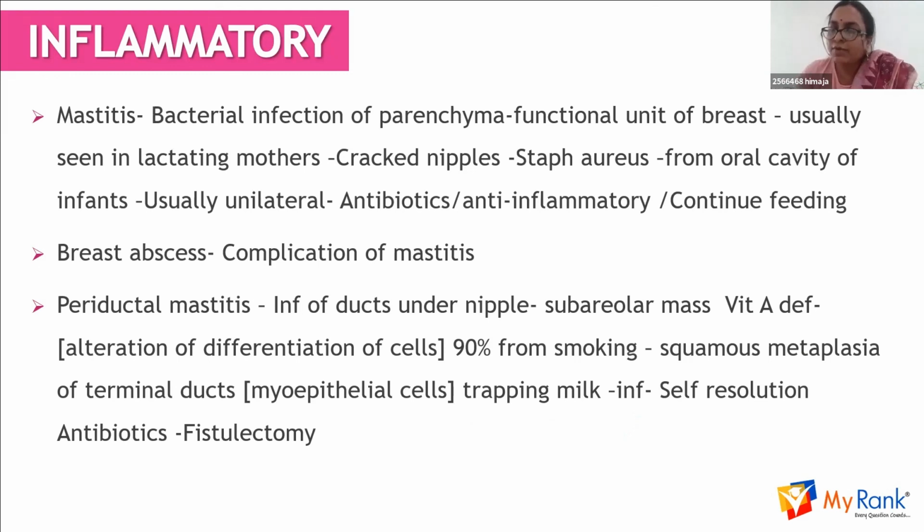Usually self-resolution occurs. Otherwise you have to give her antibiotics. And if it is not resolved with that, you have to do a fistulectomy. That means you have to help the secretion drain out. You have to create a fistula. So that is the treatment of periductal mastitis.